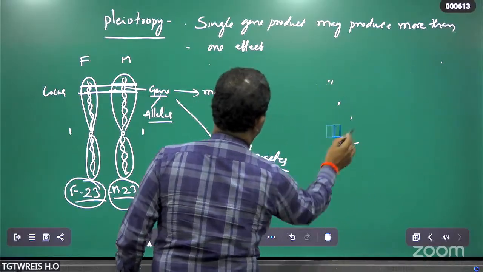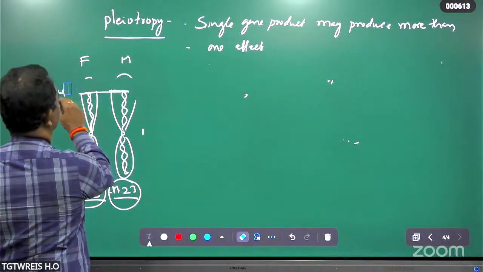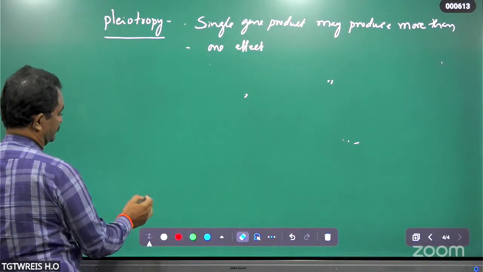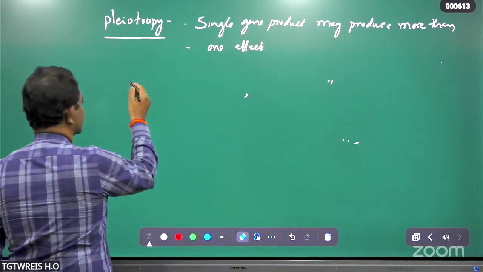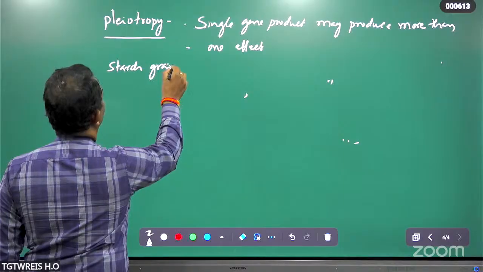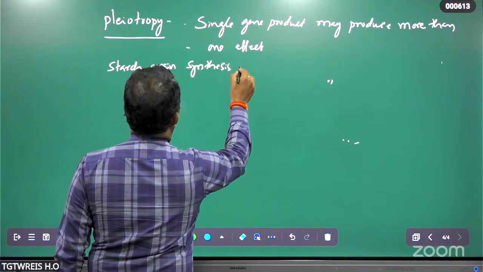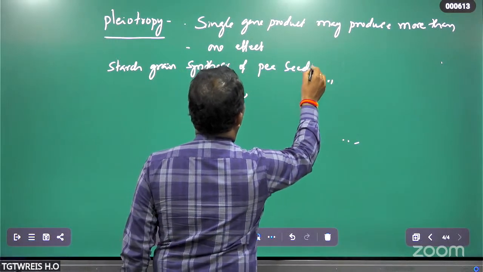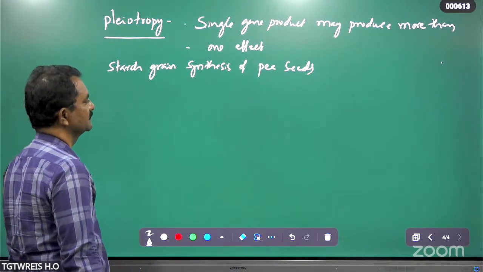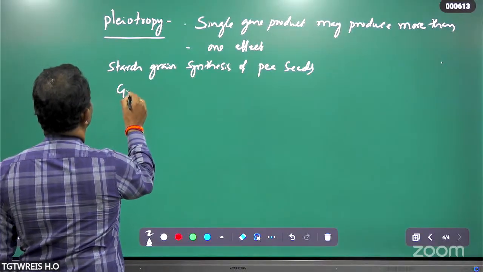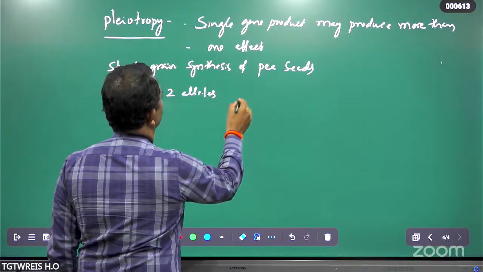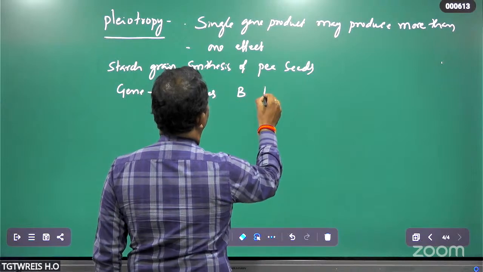So, for example, starch grain synthesis of pea seeds is controlled by a gene that has two alleles, capital B and small b.